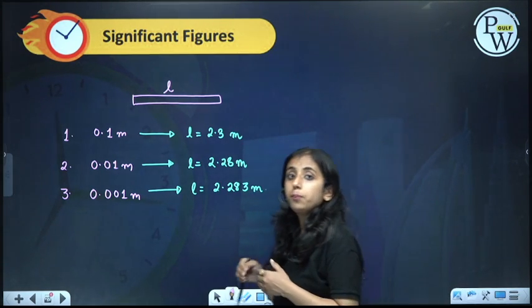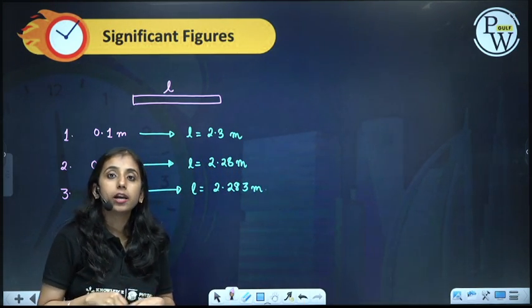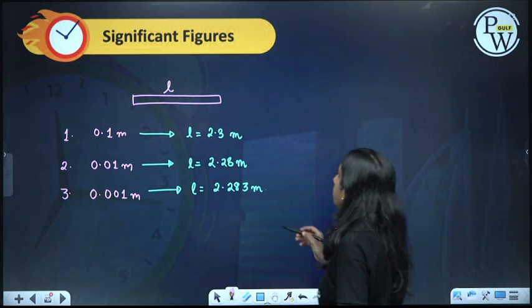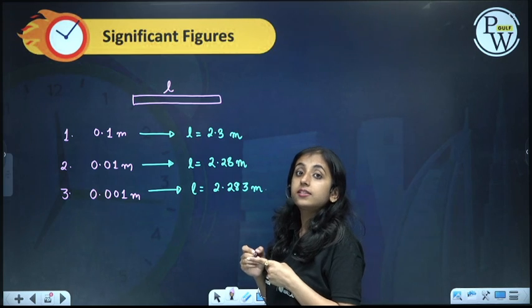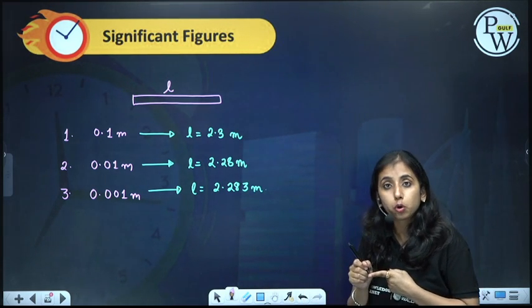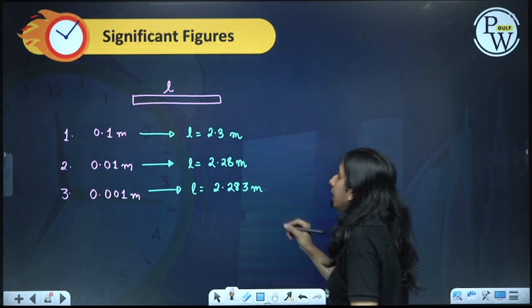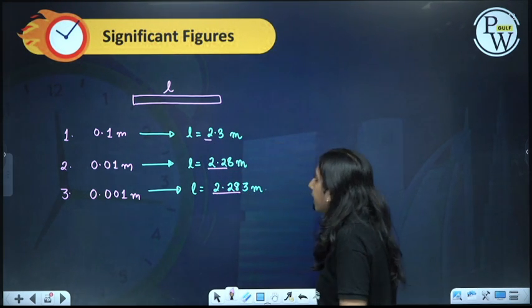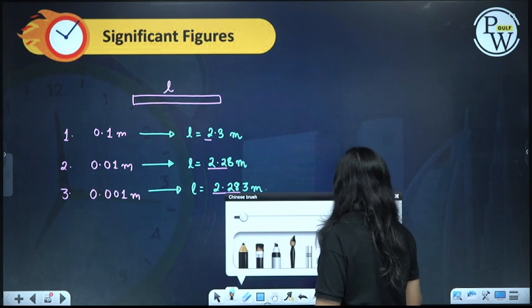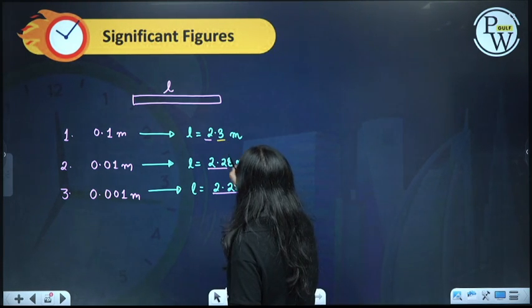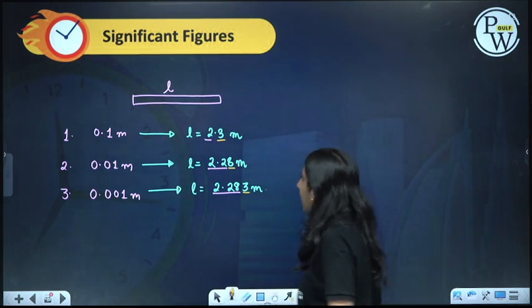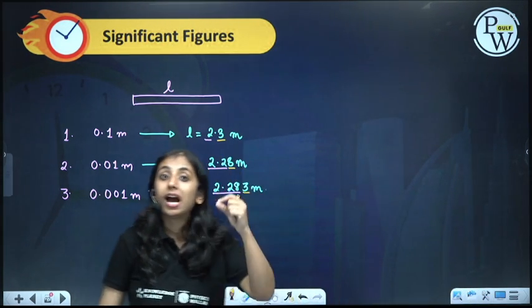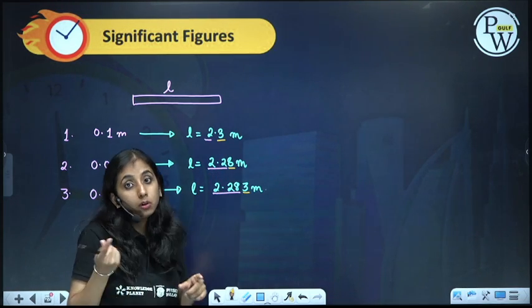So whenever the precision of our scale changes, we get different measurements, because in every measurement we have some digits which we are very sure about, like 2, 2.2, 2.28. We are very much sure about these digits, but we are not sure about this last digit. We are uncertain about this digit. If we have a better scale, this digit could change.